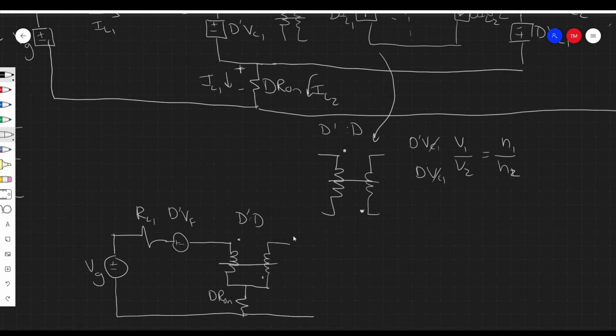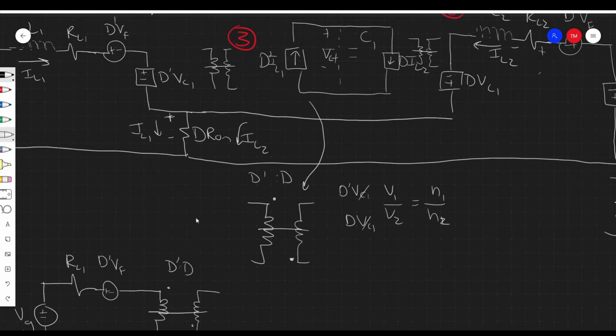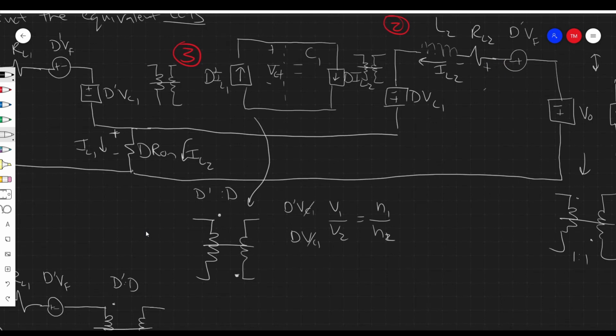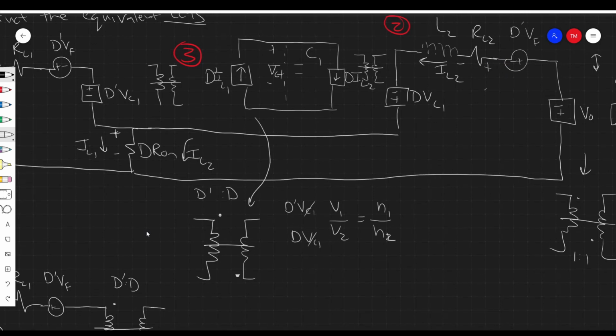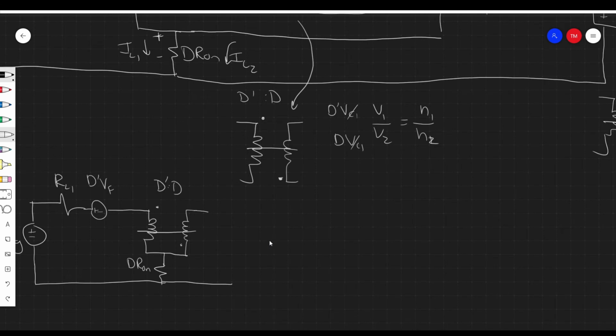which then hooks up to the second loop, the IL2 loop, which has a resistor RL2, a forward voltage drop d prime VF, and the output voltage. I'm just going to include it as a dependent voltage source.